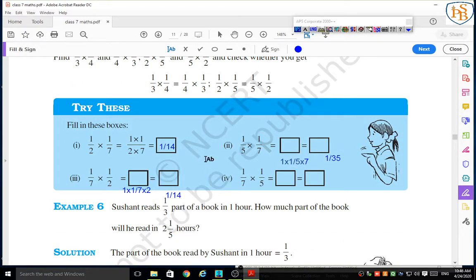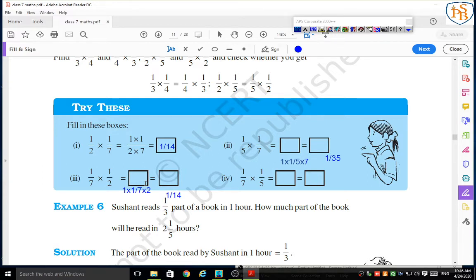The answer is the same. Look at questions 1 and 2: they gave us 1 upon 2 into 1 upon 7 in the first example, and the third example is 1 upon 7 into 1 upon 2. Can you recall that they changed the order of the fractions, but still the answer is the same.